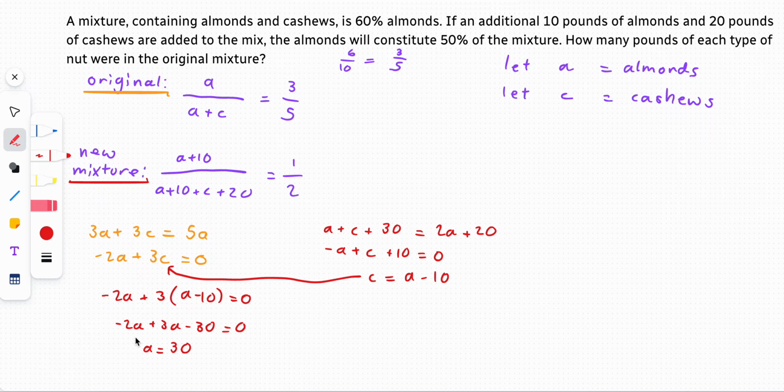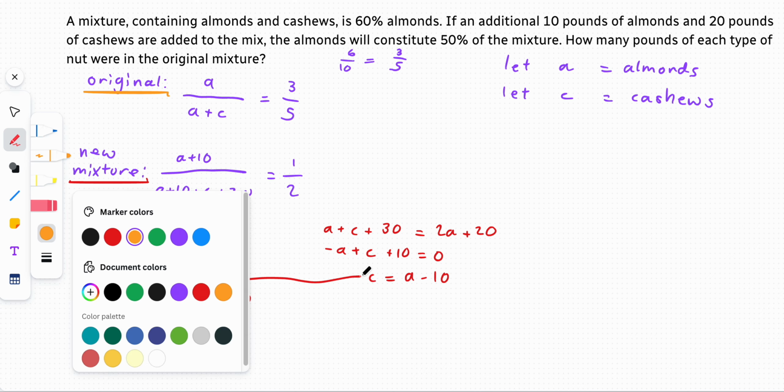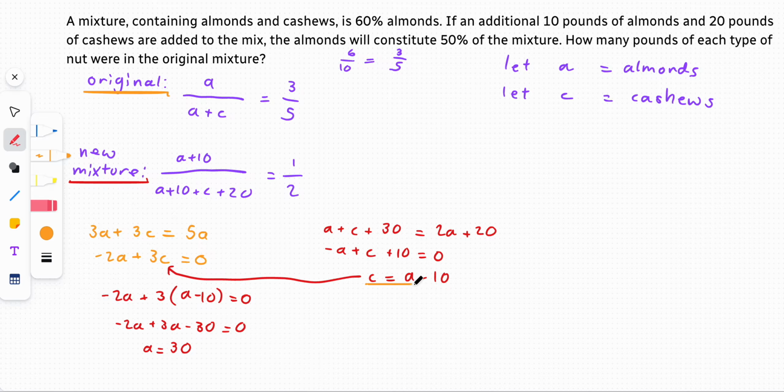So this is what my almonds are worth. This is how many original almonds I have. Now all I have to do is figure out how many original cashews I have. If we look at this equation right here, this is what my cashews are equal to. So my cashews are simply equal to my almonds, which is 30, minus 10.